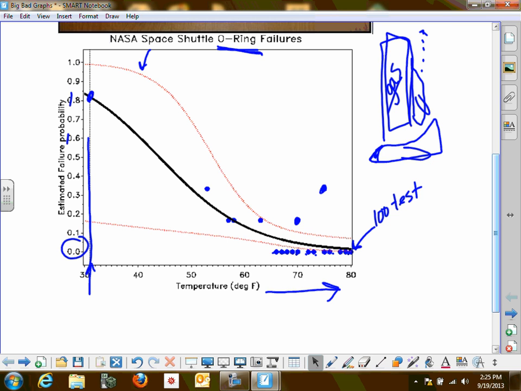So if they had analyzed that data and actually put it in a chart to get predictions, then they could have done that. Now, you do have to be careful because this is what's called extrapolation. It's pretty far out from the data they have, but still, it'd be worth investigating to where you'd want to figure something out and not put people at risk. Okay, so that's one graph.